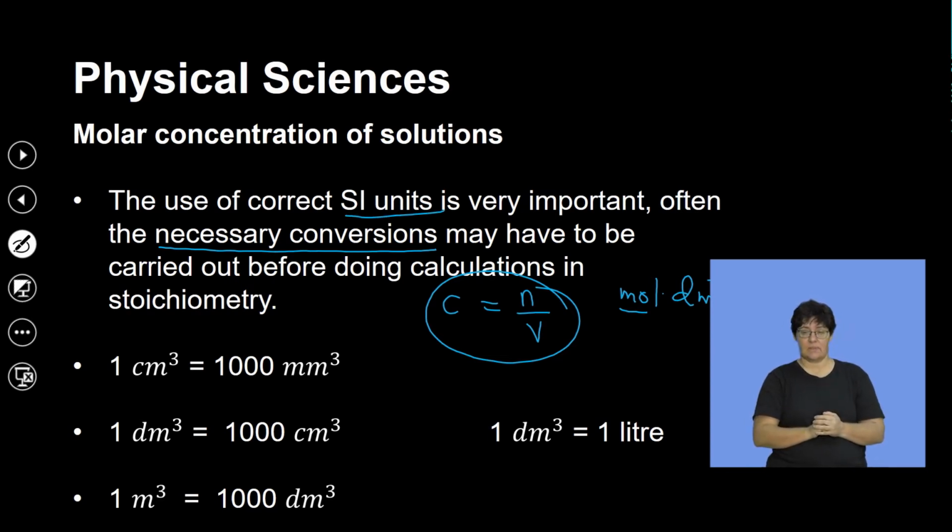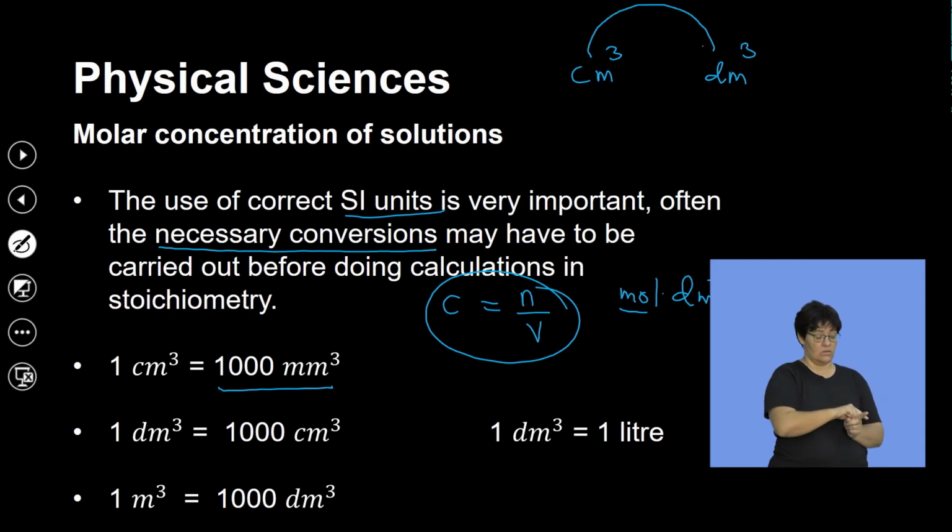So if we have, for argument's sake, cubic centimeters or cubic millimeters, in a cubic decimeter there are actually 1,000 cubic centimeters. If we want to change cubic centimeters to cubic decimeters, we divide by 1,000, which is like multiplying by 10 exponent negative 3.